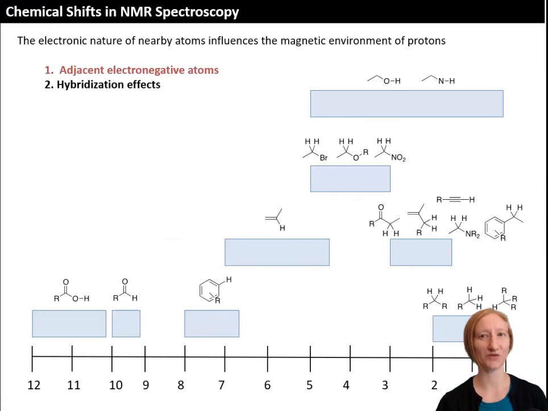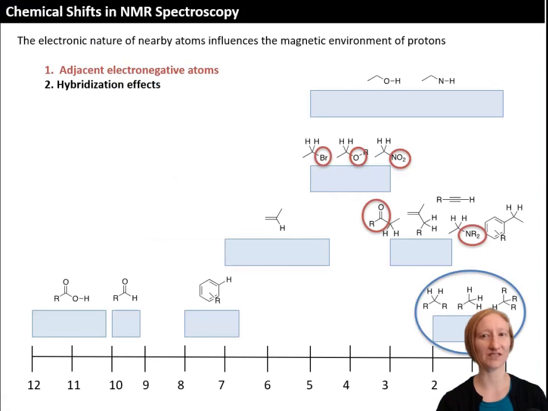As an example, we discussed the effect of adjacent electronegative atoms on the chemical shift of nearby protons. For simple alkanes, structures without electronegative atoms, their protons appear very far upfield, around 1 ppm. As we introduce electronegative atoms, the nearby protons shift further downfield. These are structures containing groups like amines, carbonyls, nitro groups, oxygens.